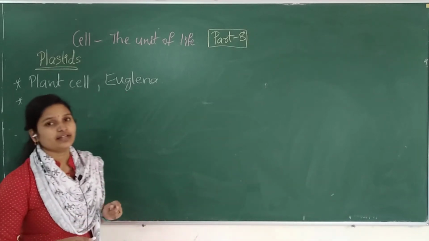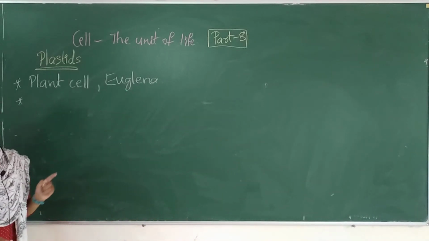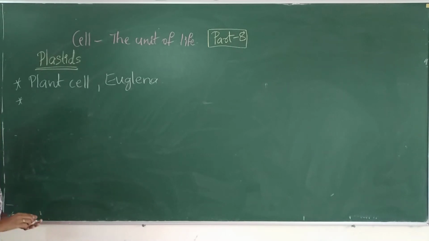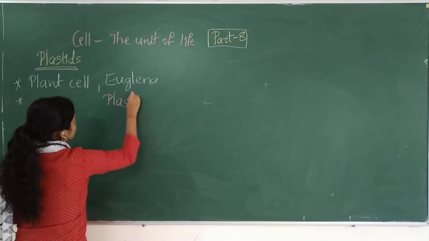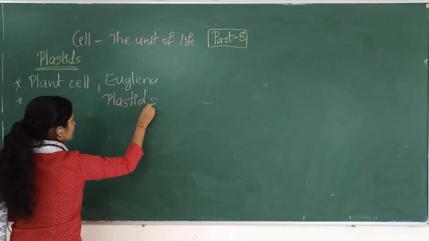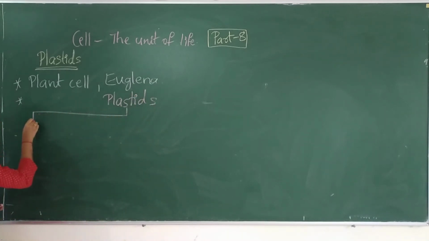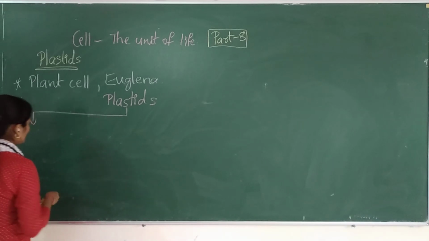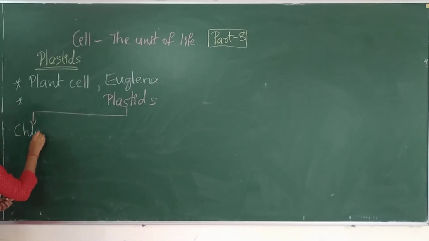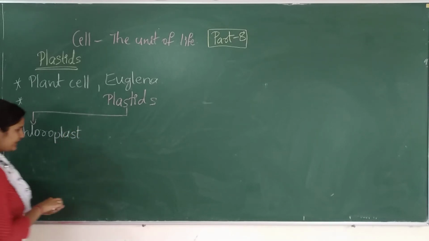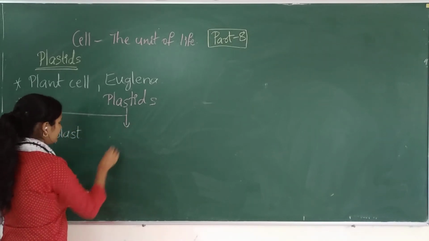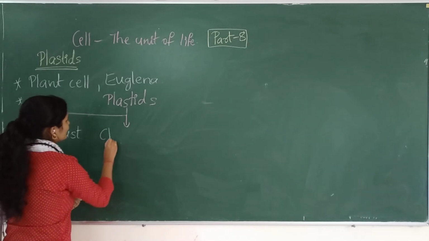Based on their function, these plastids are further divided into three categories. Listen carefully, it's very important. First one, chloroplast. Second one, chromoplast.